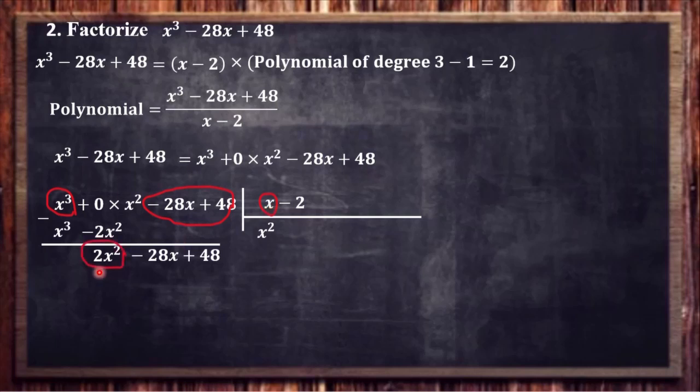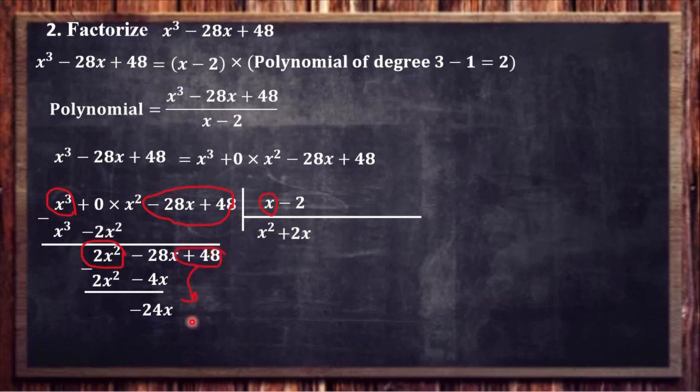Then again we compare x and 2x squared. To equate these two terms, we need to have here 2x. We multiply, we have here 2x squared minus 4x, subtract, and here we have 0, here is negative 24x.